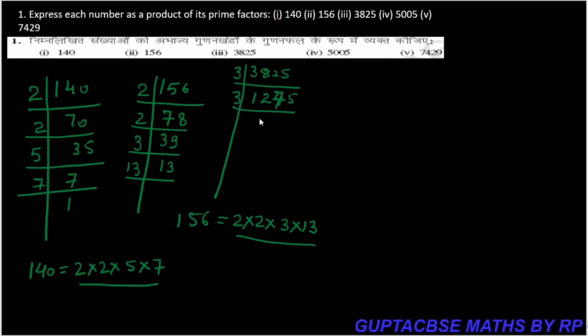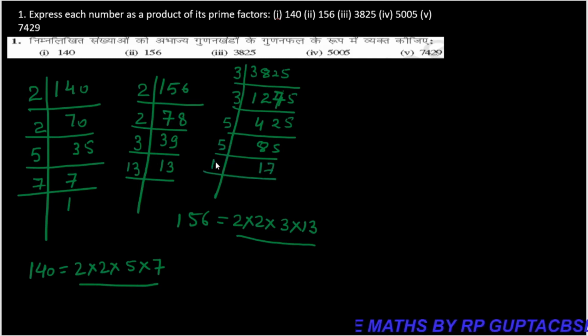Again I will divide by 3, 3 fours are 12, 3 twos are 6, 3 fives are 15. Now it cannot be divided by 3, so I will divide by 5. 5 eights are 40, 5 fives are 25. Again I will divide by 5, 5 ones are 5, 5 sevens are 35, and 1 is 17.